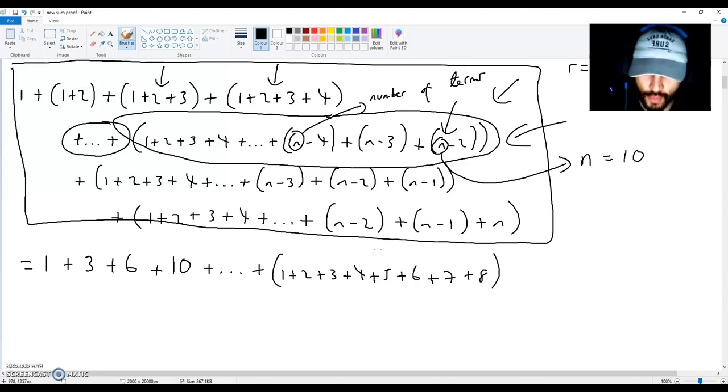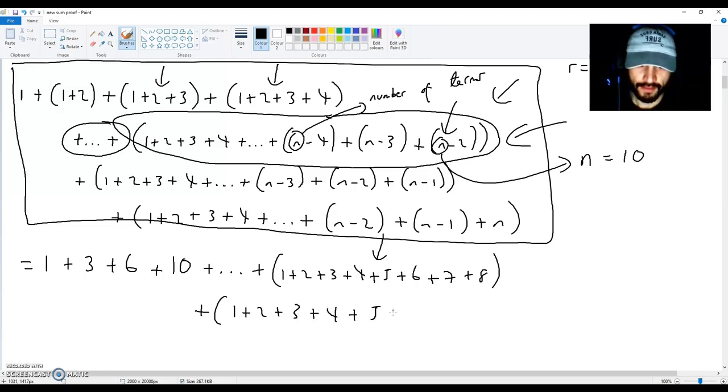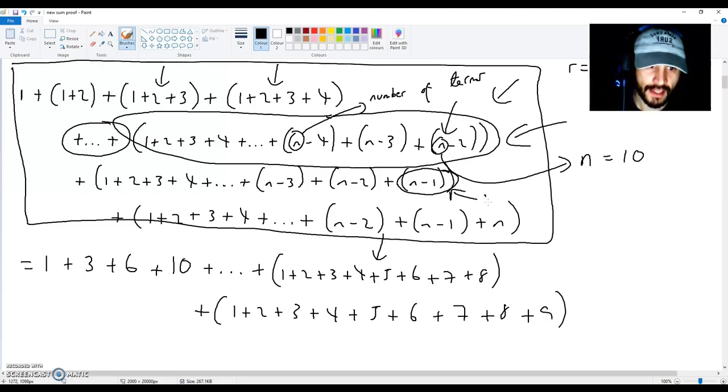And then we get plus 1 plus 2 plus 3 plus 4 plus 5 plus 6 plus 7 plus 8 plus 9 in brackets, because n minus 1 over here is equal to 9, n minus 2 over here is equal to 8, and n minus 3 over here is equal to 7.